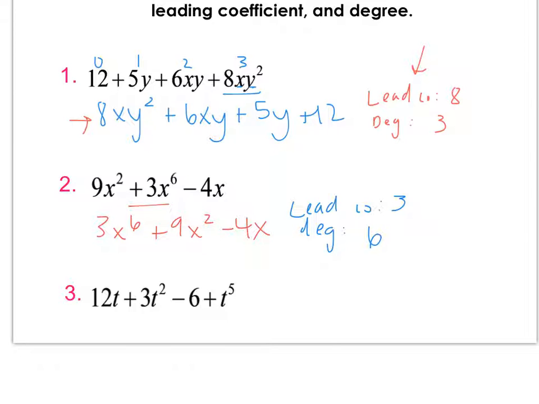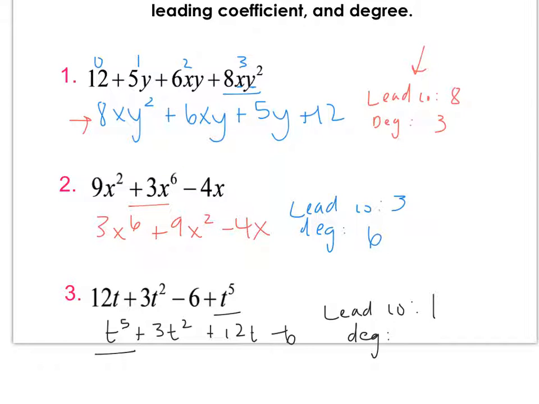Last one, number 3, I see I have t to the 5th, that will come first, plus 3t squared, plus 12t, minus 6. And the leading coefficient in front of t to the 5th is a 1. Can't forget that there's a 1 in front. And then the degree here is 5.